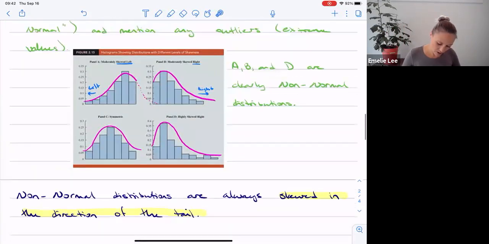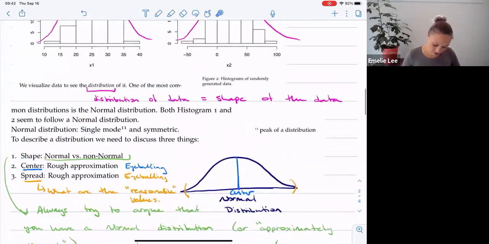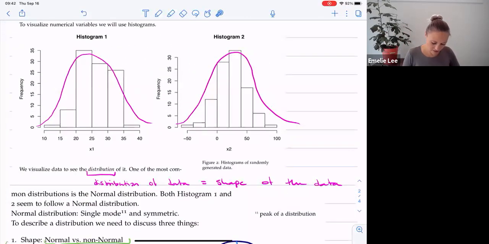Good. So if we're talking about these histograms, comparing histogram 1 with histogram 2, we can talk about the shape. The shape of each of these, I would argue, is approximately normal.